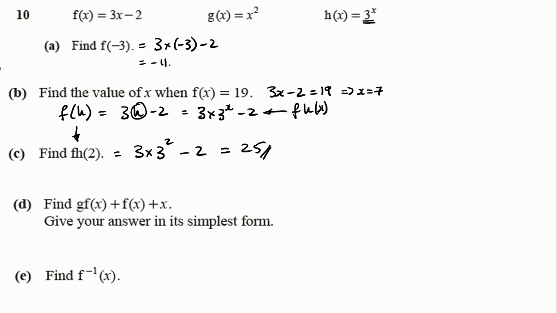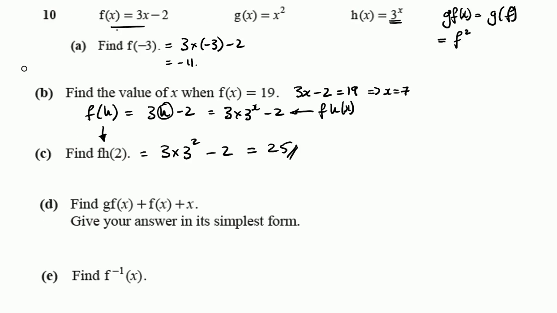So, in the next part of the question, we are asked to find gf(x) plus f(x) plus x in its simplest form. So once again, I'll come up here for this bit. gf(x) is g of f of x. g is x squared, g of f is f squared.